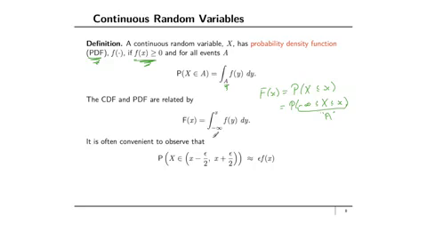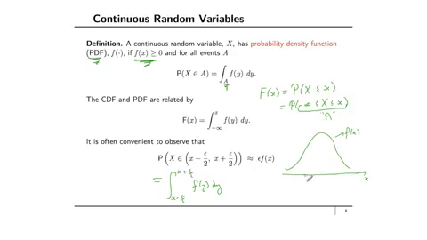So it's often convenient to recognize the following, that the probability that X is in this little interval, x minus epsilon over 2 to x plus epsilon over 2, well, that's equal to this integral from x minus epsilon over 2 to x plus epsilon over 2 of f of y dy. Okay, and if you like, we can draw something like this. So this could be the density f of x. This is x here.